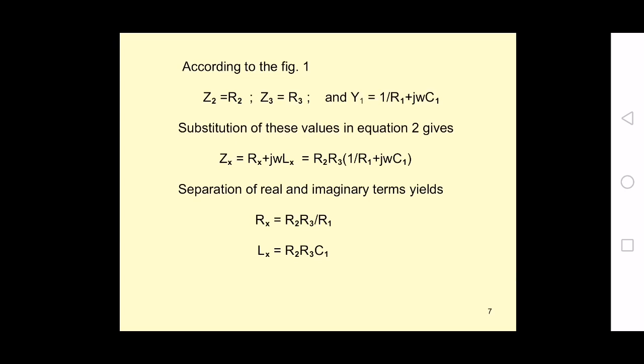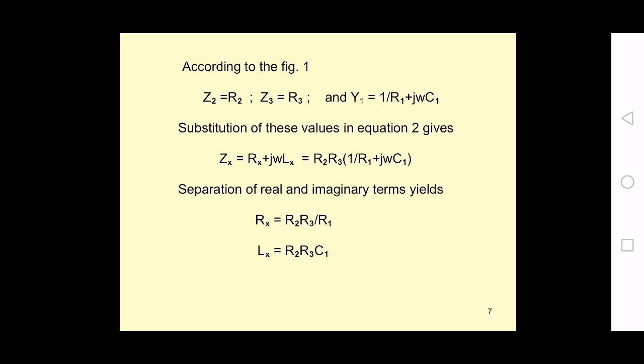Now substitute this in the equation I1 Z1 equal to I2 Z2, then you will have E by Z1 plus Z3 into Z1 equal to E by Z2 plus ZX into Z2.